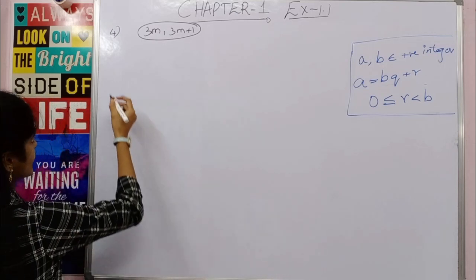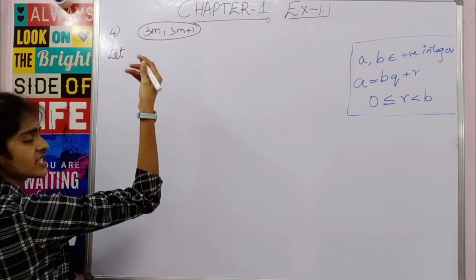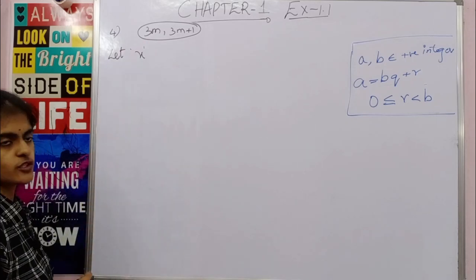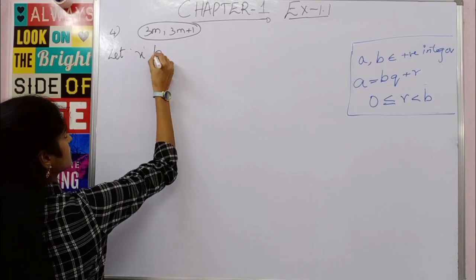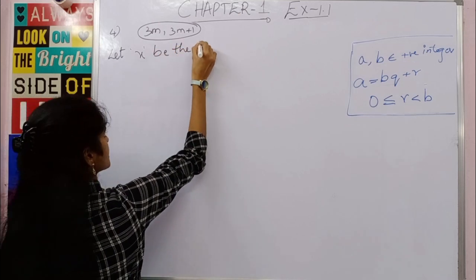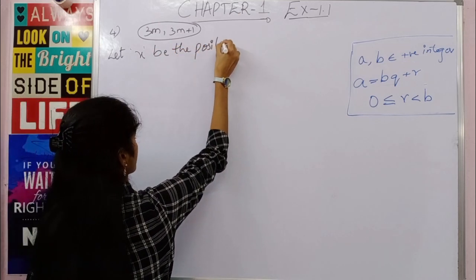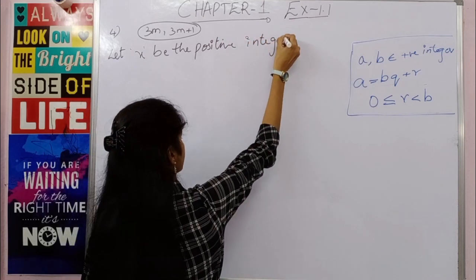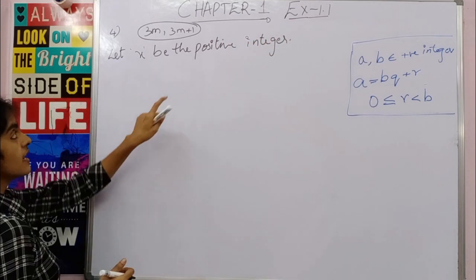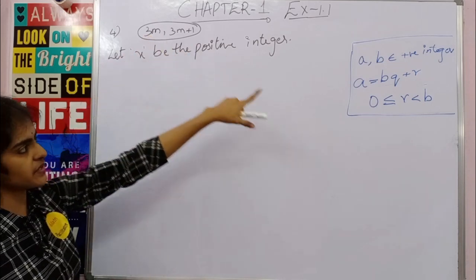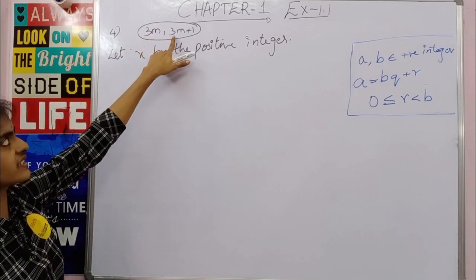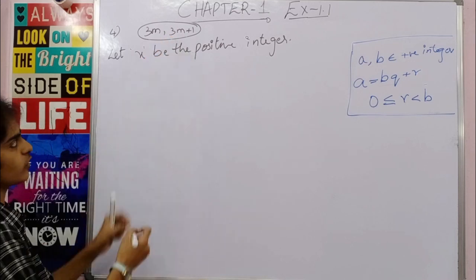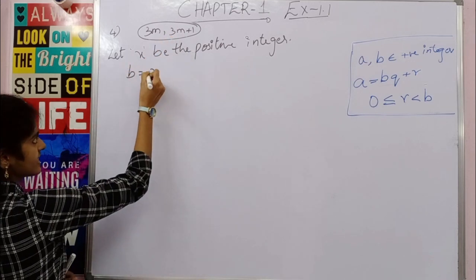Now they are asking you to prove this for the square of any positive integer. So let the positive integer be x. Now comparing this with bq plus r, what is the value of b? b is nothing but 3 in this case.